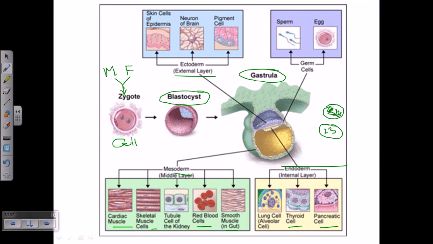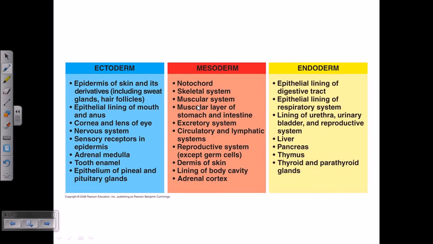One set is from the father and one set is from the mother, from both the gametes. All of the chromosomes have the same number and types of genes, but it depends upon the expression of the gene whether the cell is going to be a red blood cell or a brain cell. So that's the differentiation.